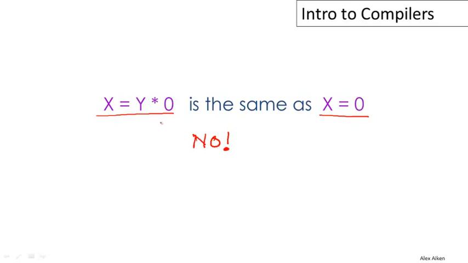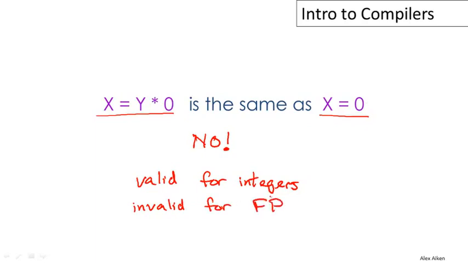Now, it turns out that this particular rule is valid for integers. If x and y are integers, then multiplying by 0 is always the same thing as just assigning 0. But it's invalid for floating point. Why is that?